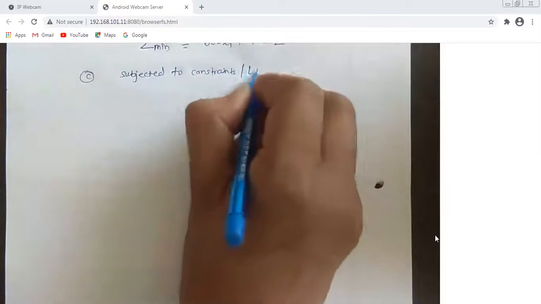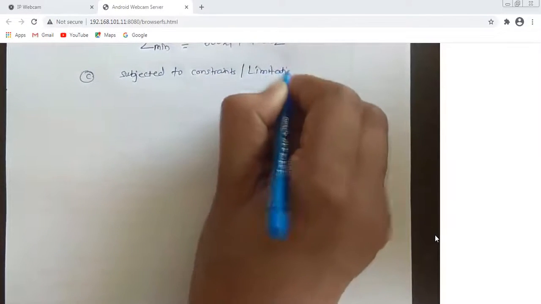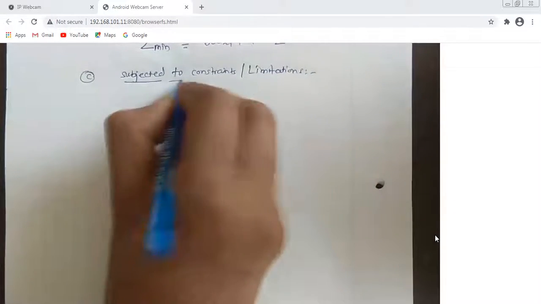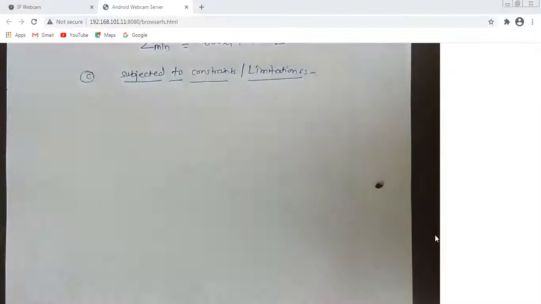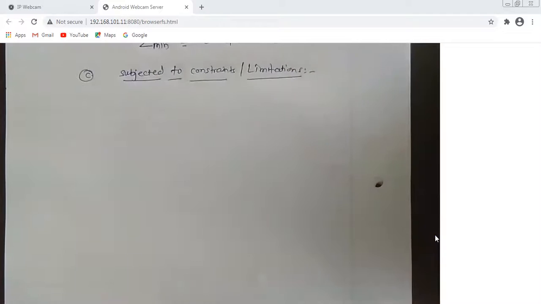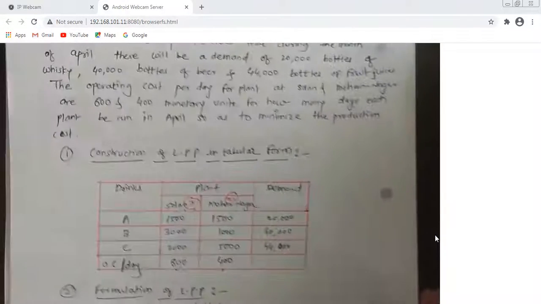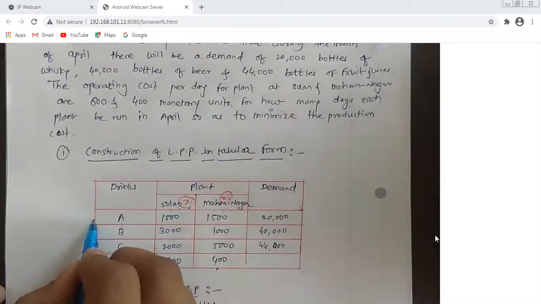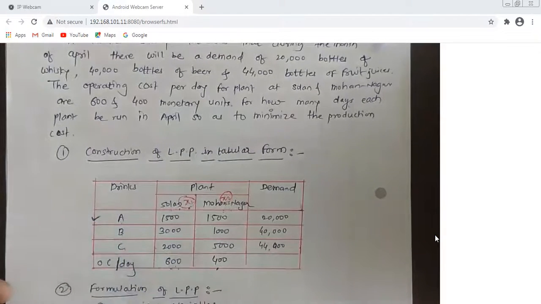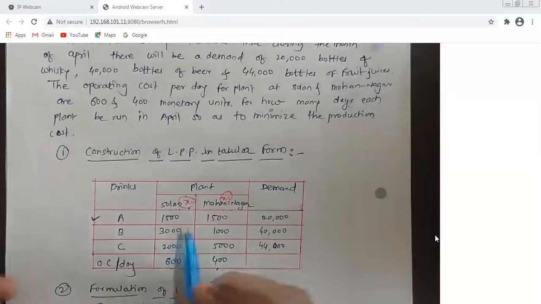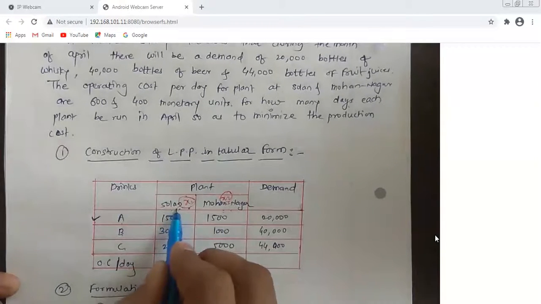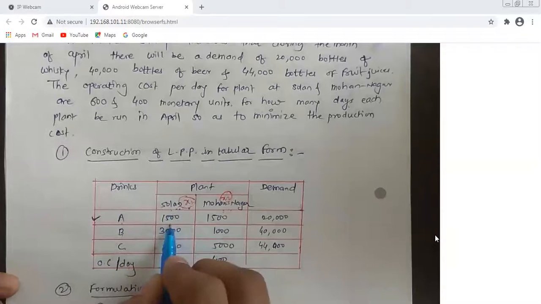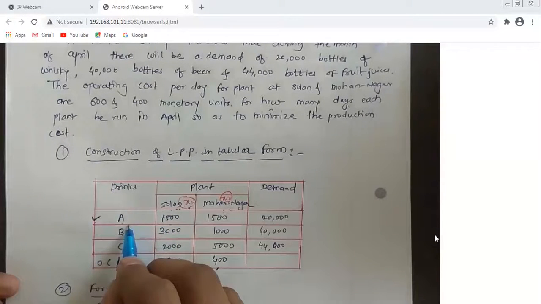or we can say limitations. What are the limitations they have given that we have to decide? Now see, for drink A, first of all, we'll find the limitations. See what they have given. The Solan plant will produce 1500 bottles of drink A in 1 day.